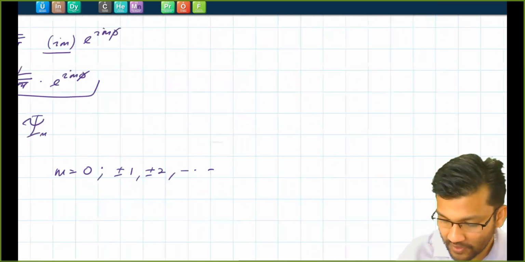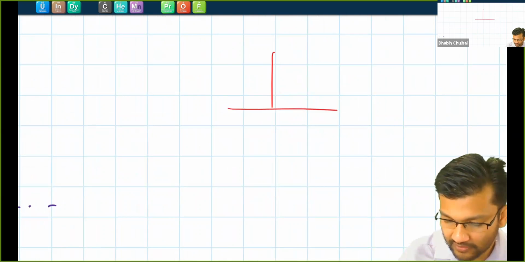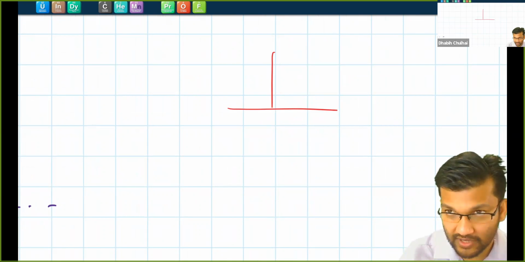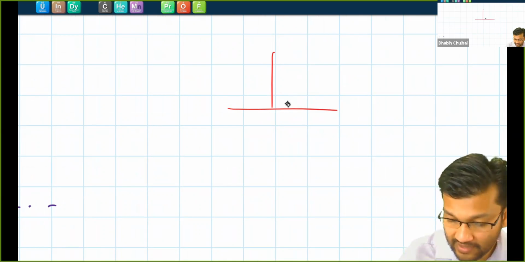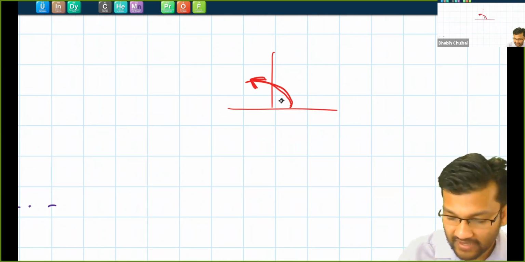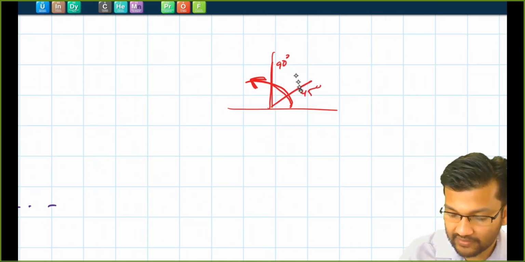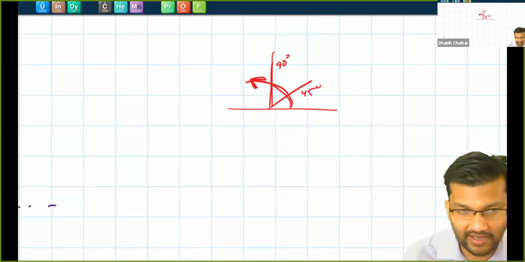For those of you wondering why positive means going counterclockwise and negative means clockwise, this is how we count angles. Angle starts at 0 here, and we measure angles going that way. So that would be 45, that would be 90 degrees. The angle keeps going higher and higher as we go counterclockwise.